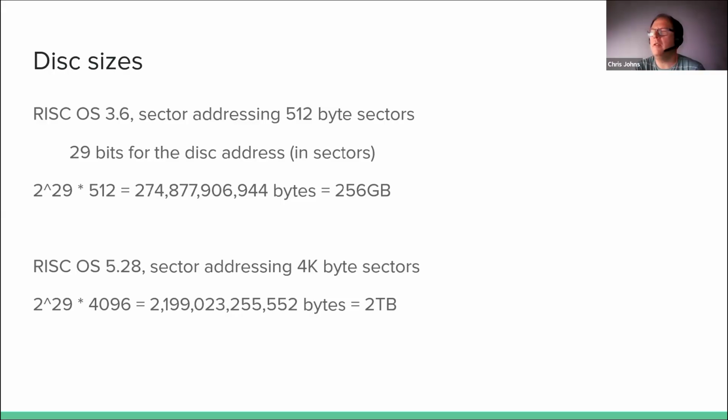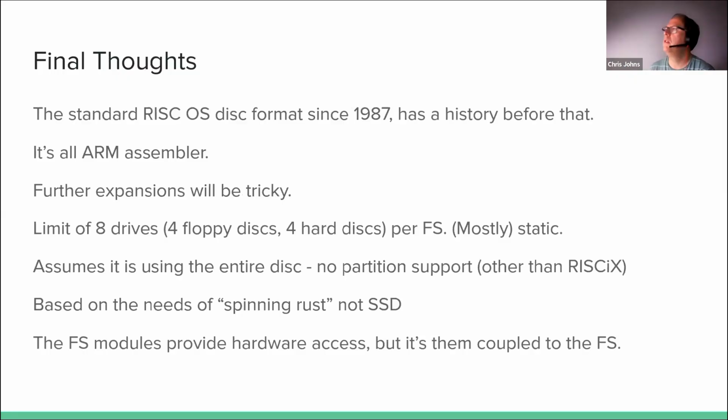So yeah, that's where those numbers come from. I guess the one most people know about currently is the 256 gig for any FileCore formatted media. Probably the one that hits most people. If you've got a big memory card or something, it's possible to go over that. So it's formatted the first bit or something.